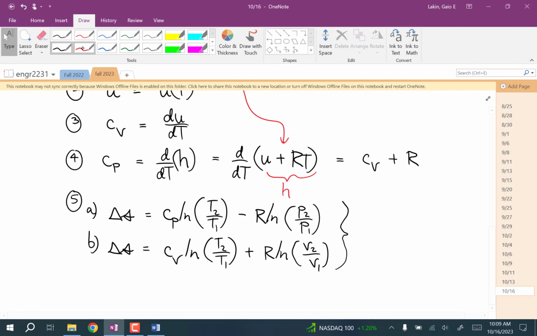These are good approximations if you don't have too big a temperature change.